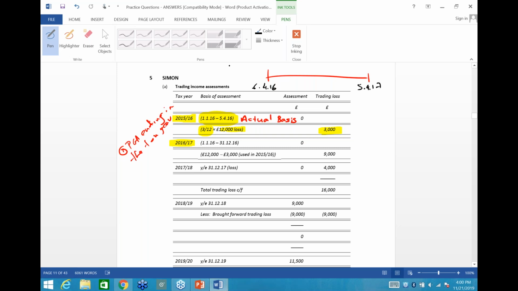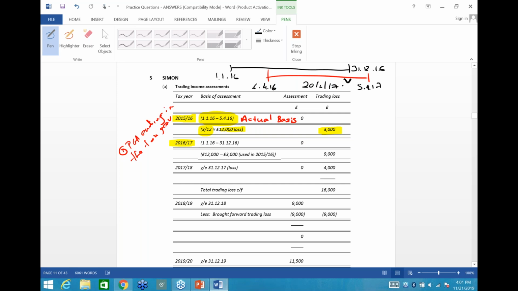Your first period of account started on the 1st of January 16, and you prepared accounts up to 31st December 16. So your first period of account is 12 months and ending on the 31st December 2016. So your first period of account is ending during the tax year 2016-17.